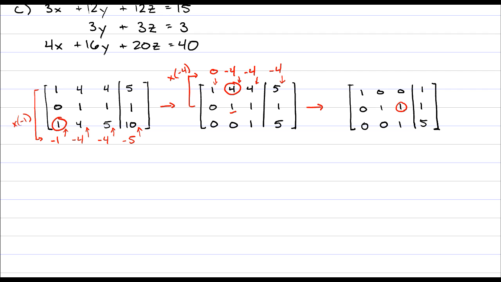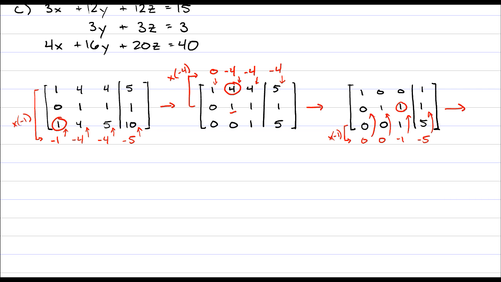So I'm going to take the last row, multiply by minus 1, and that's going to give me 0, 0, minus 1, minus 5. And then I add those results to the middle row.